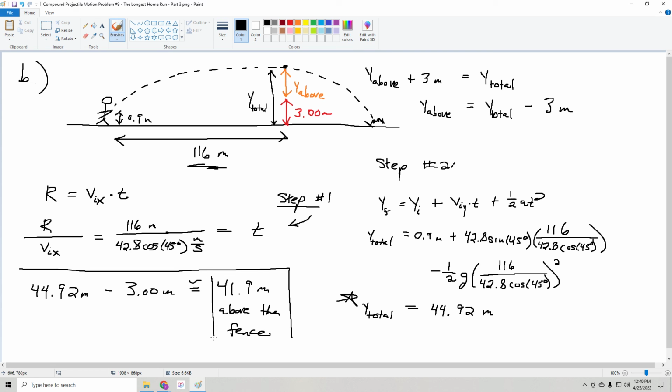Okay, and we'll kind of box that in. And that's the answer for part B. It's 41.9 meters above the fence.